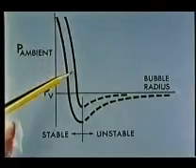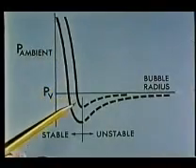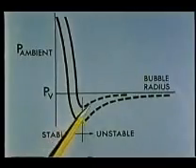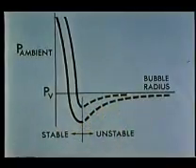Bubbles represented by the portion of the curve to the right of the minimum point are already unstable and cannot exist unless stabilized by some external mechanism.